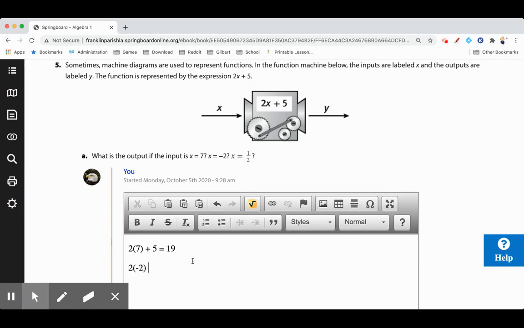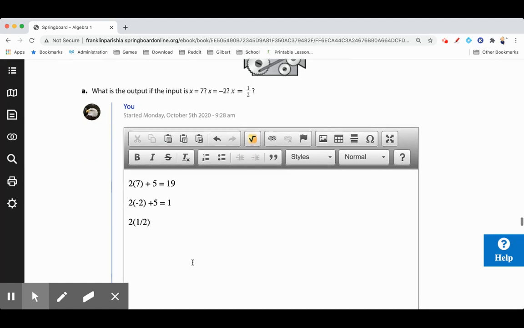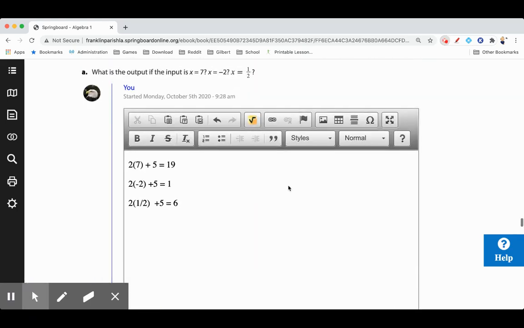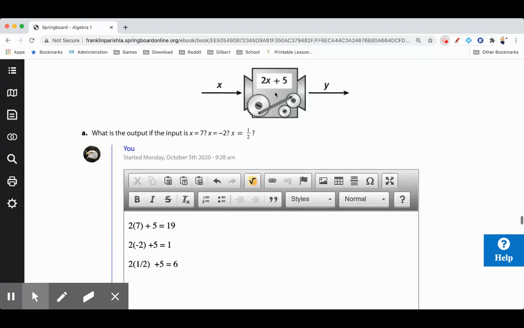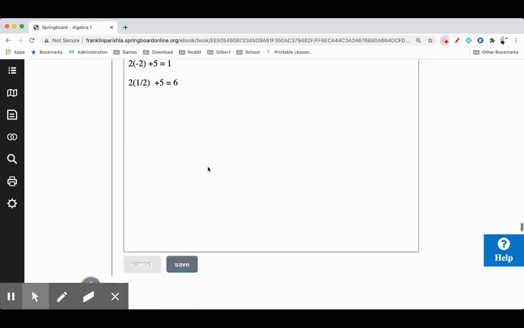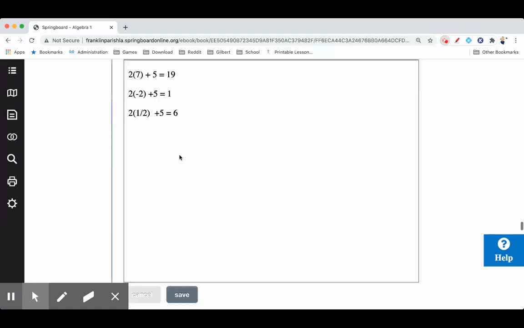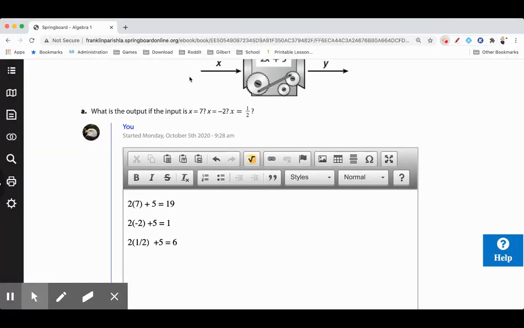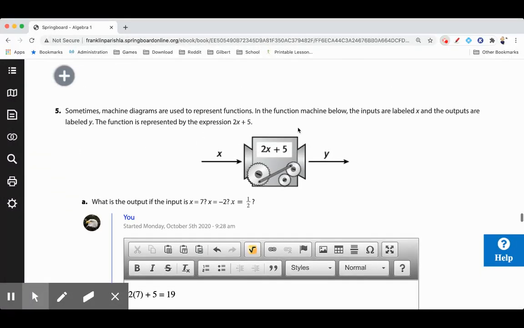Well, 2 times -2 is -4, plus 5 will give us 1. 2 times 1/2 is 1, plus 5 is 6. So there we go. We put in each one of them into the function machine and we got out the answers. The input, output. X is the input, domain, output Y, range.